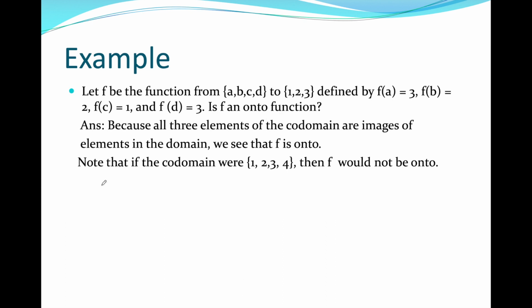So now we have two sets. We have elements a, b, c, d, and then we have elements 1, 2, 3, and then f(a) equals 3, f(b) is 2, f(c) is 1, and f(d) is 3.